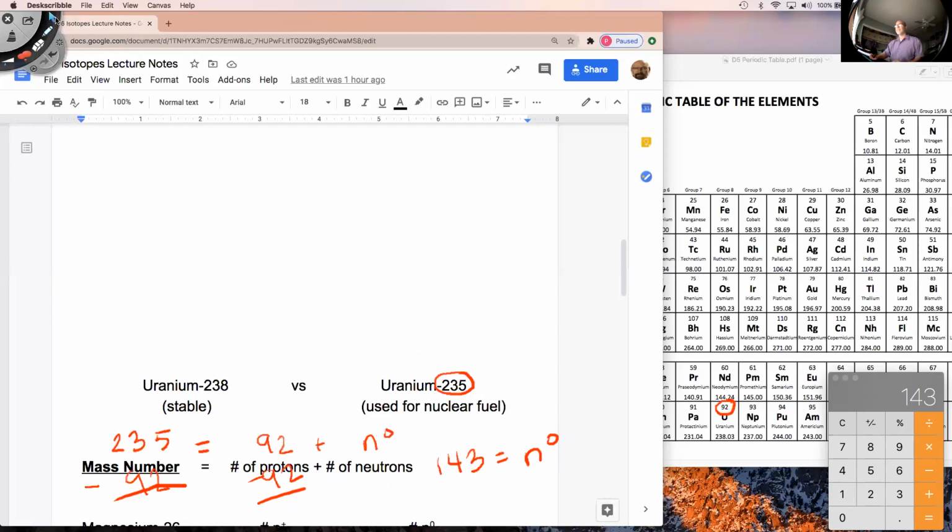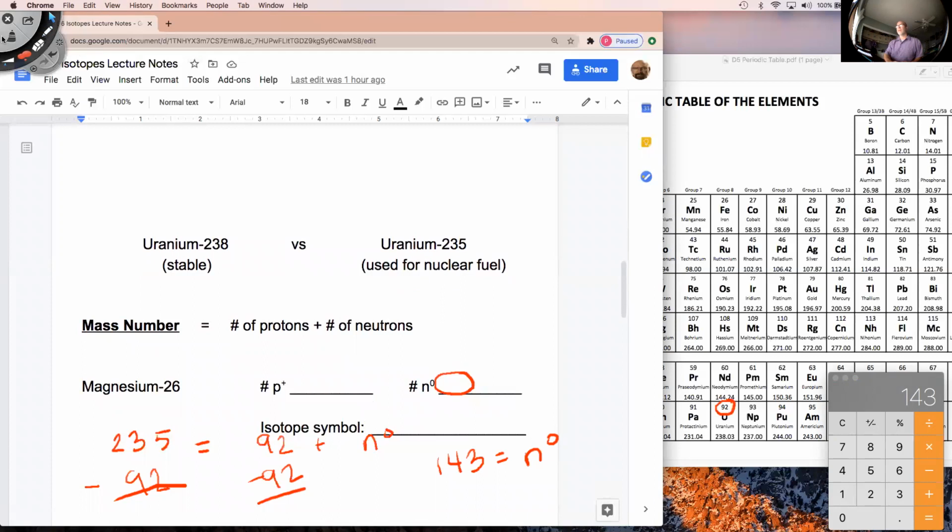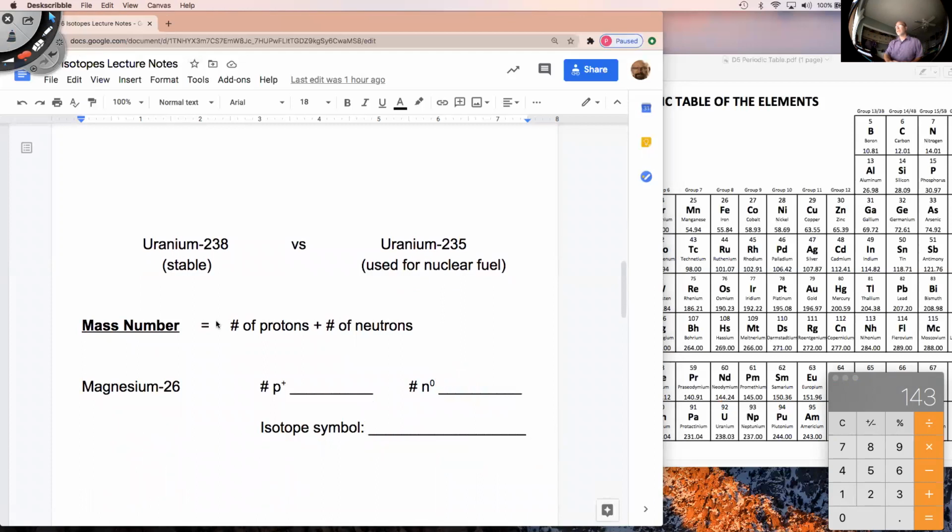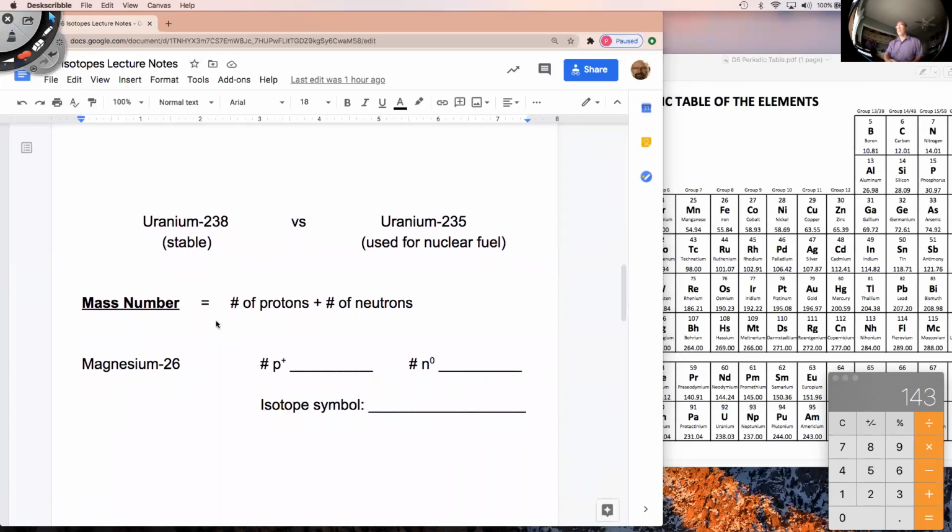Right. So let's do another example. The next example we have is magnesium-26. We need to find the number of protons and the number of neutrons, and then we're going to find the symbol. So this number here is the mass number.